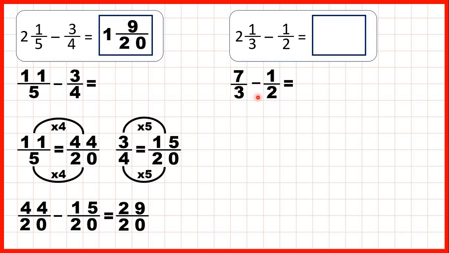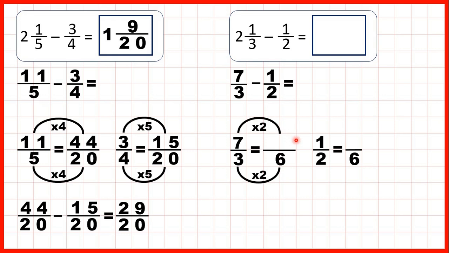Now the lowest common multiple of 3 and 2 is 6, so we can find equivalent fractions which have a denominator of 6. 3 times 2 is 6, 7 times 2 is 14, 2 times 3 is 6, 1 times 3 is 3.